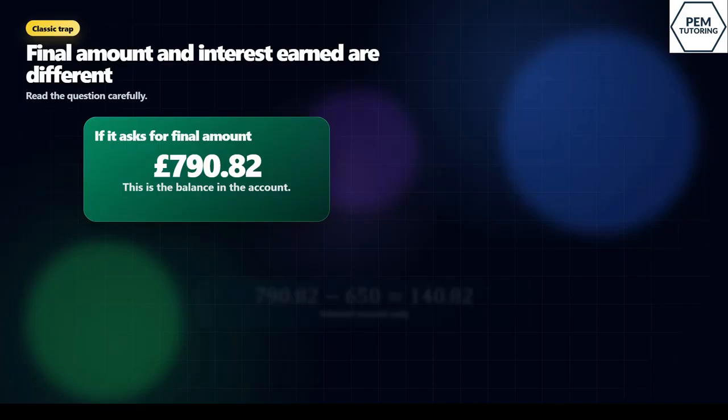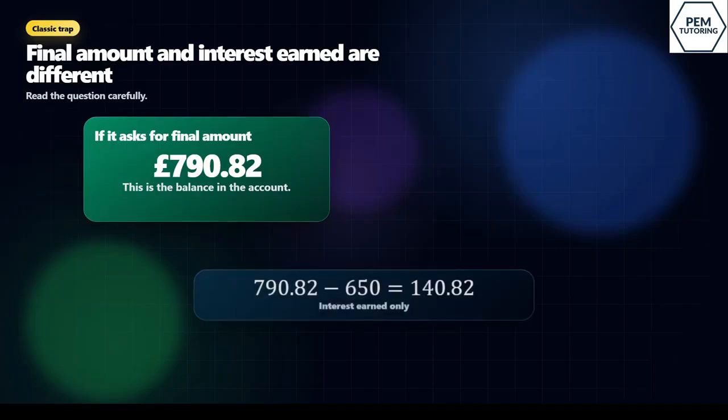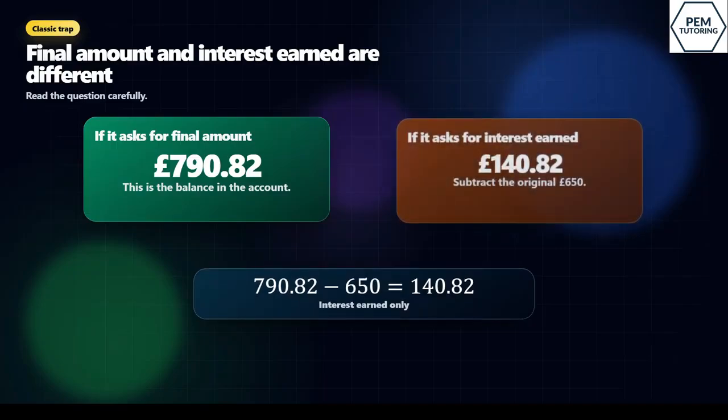But if it asks how much interest she earned, you subtract the original. 790.82 minus 650 equals 140.82. So the interest earned is £140.82. Final amounts and interest earned are not the same thing.